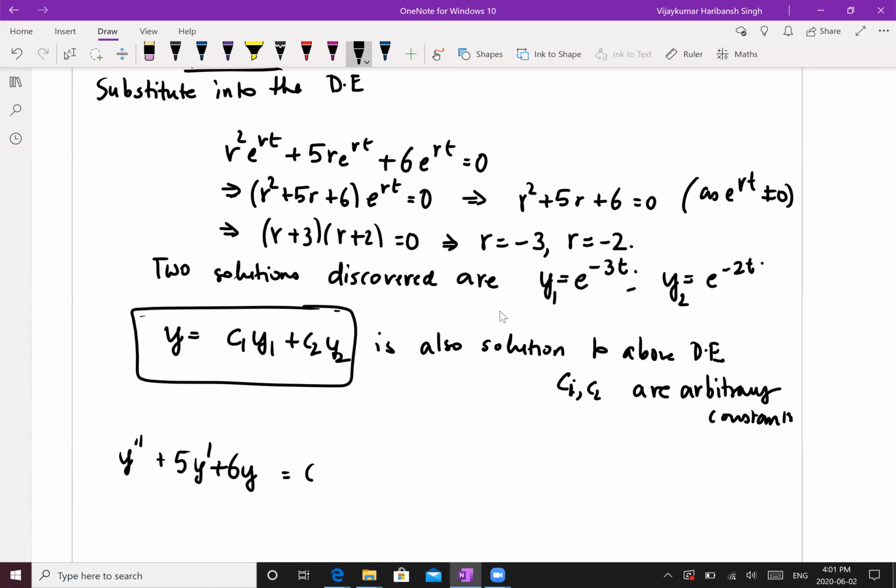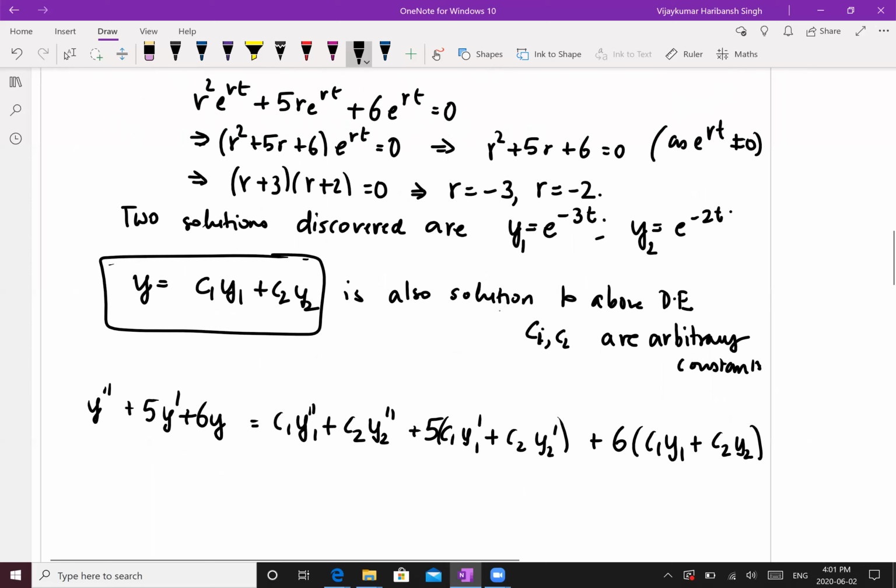By linearity of the derivative, you will see that this is going to be c1 y1 double prime plus c2 y2 double prime plus 5 c1 y1 prime plus c2 y2 prime plus 6 c1 y1 plus c2 y2.